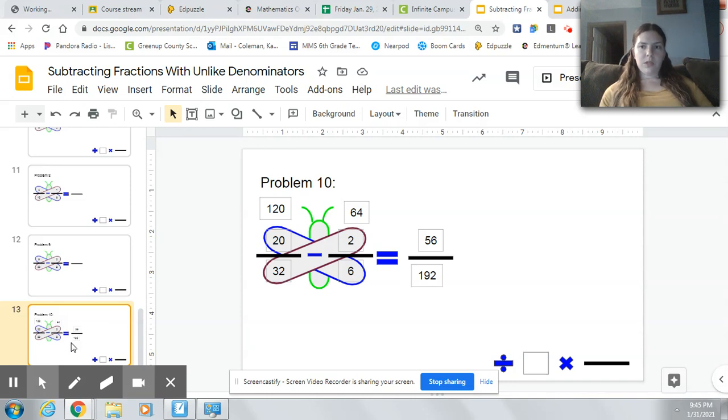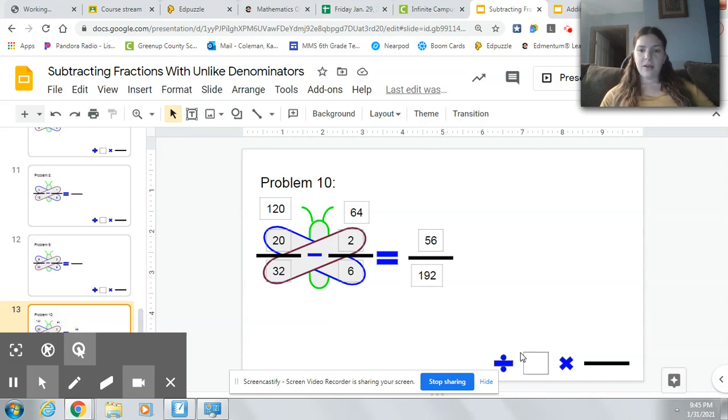Well, you may not know your multiplication facts for 192, but there is one thing that we for sure know we can divide it by, because 192 and 56 are both even numbers. So think about what you can divide even numbers by. You can divide them by 2.